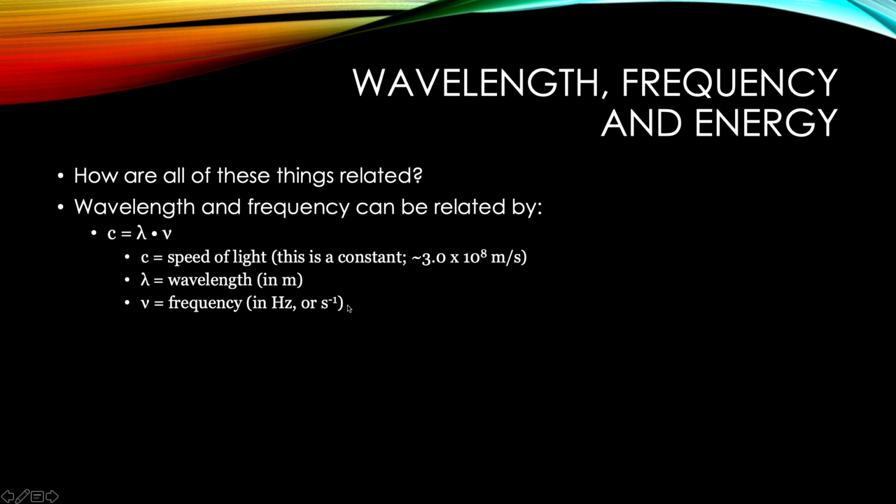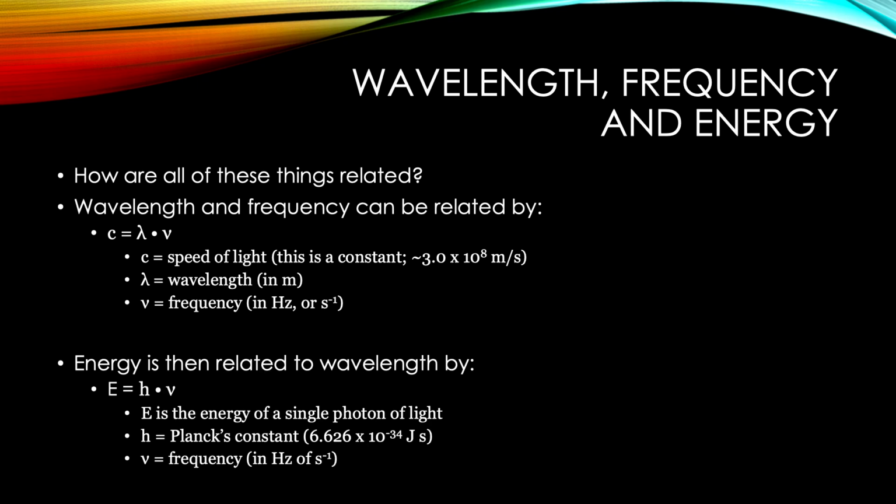Now, if we want to relate either of these things to energy, it's a little easier to do it for frequency. This is the starting equation we often show for energy: energy is equal to Planck's constant, which is this h, times the frequency of a photon. And I do want to point out that this energy in this equation is the energy of a single photon of light.